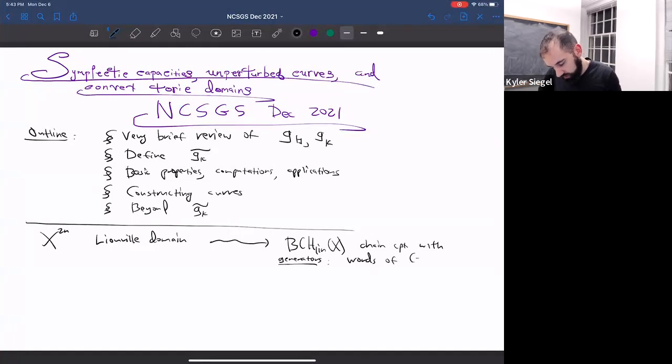Strictly speaking, they have to be good Reeb orbits, but you can ignore that condition. So words of Reeb orbits in the boundary of X.